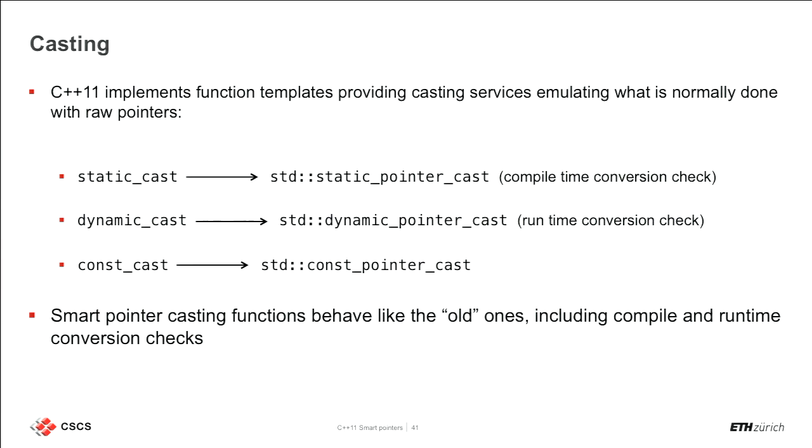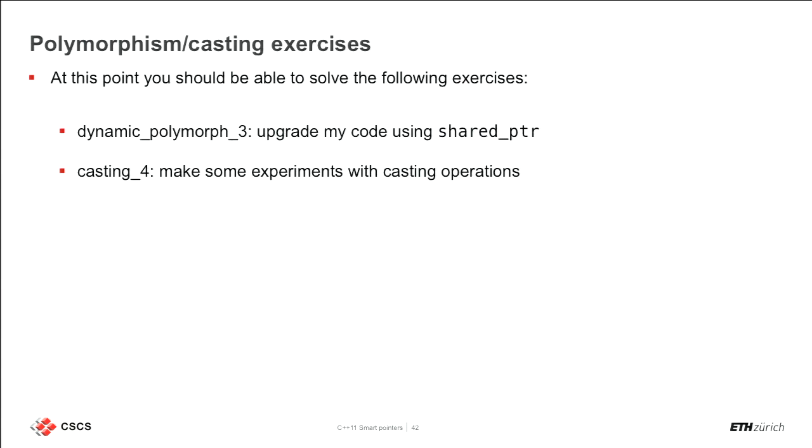And with the const cast, you can basically remove the const condition from your pointer. Also in this case, I don't have an example because I provided just 2 exercises that maybe we can try to do together, but they are very easy, just to ask you to make some quick experiments with polymorphism and casting with the smart pointers.